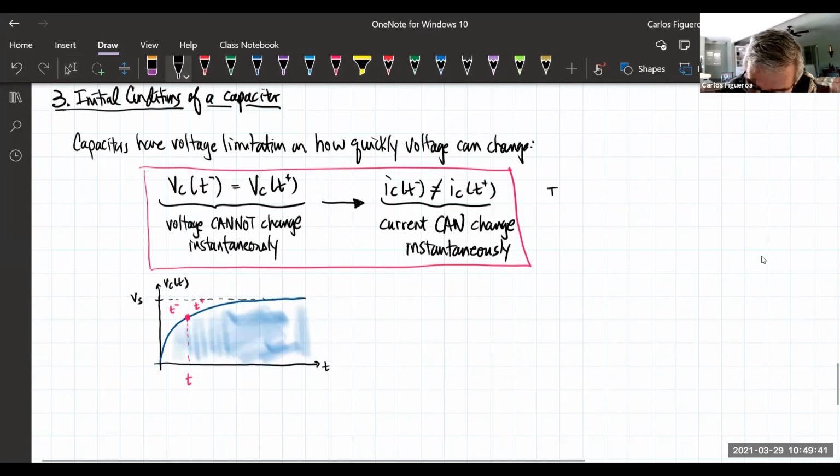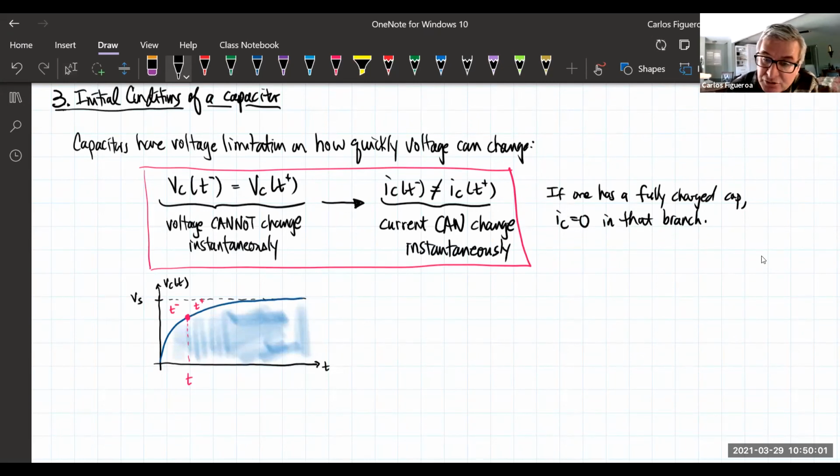that if one has a fully charged cap, IC is equal to 0 in that branch.